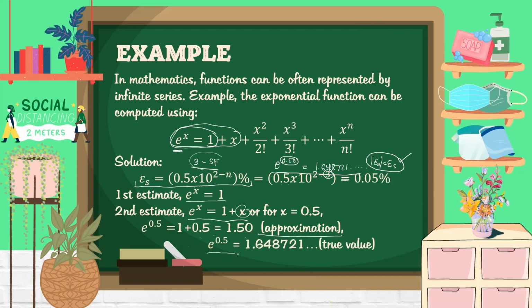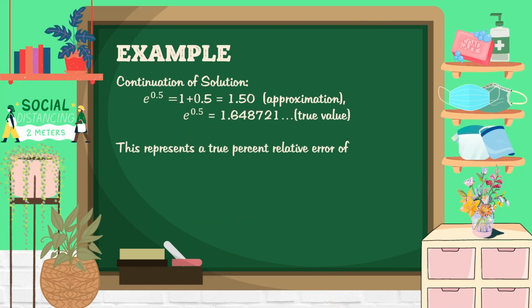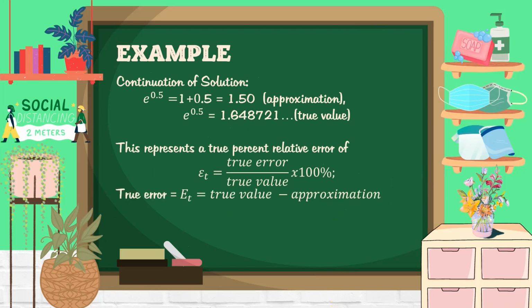As we take note, this will be the true value. This represents the true percent relative error, E sub t, equal to the true error all over the true value times 100%. The true error is equal to the true value minus the approximation. So we get a value of 9.02%.